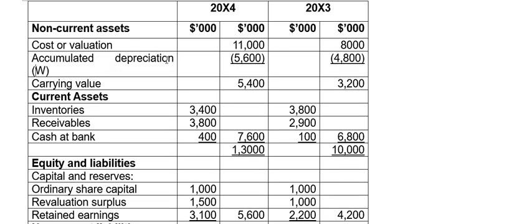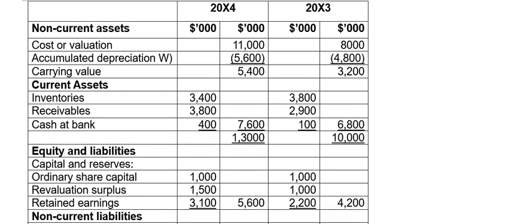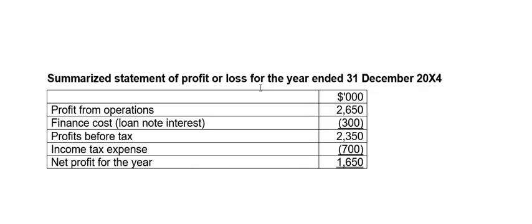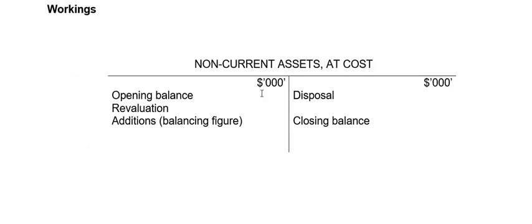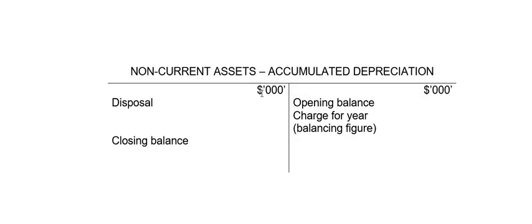For this depreciation, sorry, this is the statement of financial position. So I'll use the accumulated depreciation figures to arrive at the depreciation expense for the year. So I'll go to my workings.